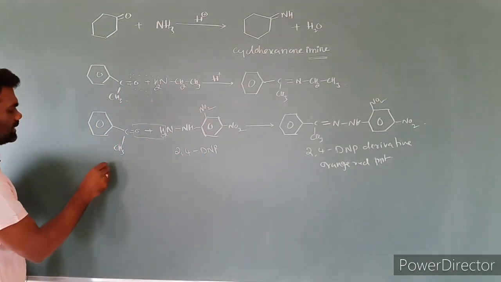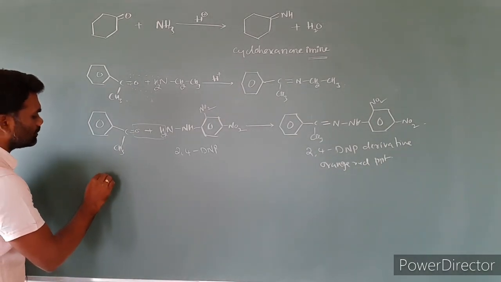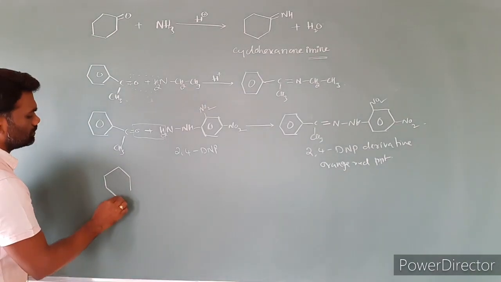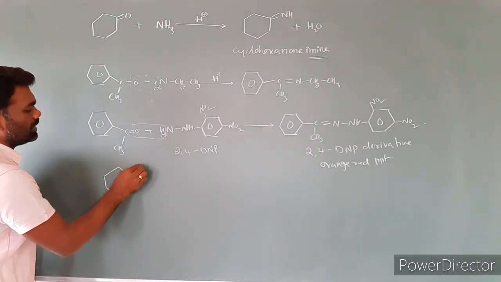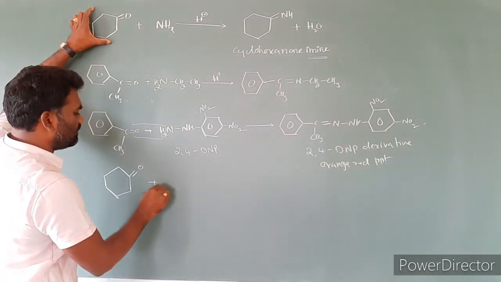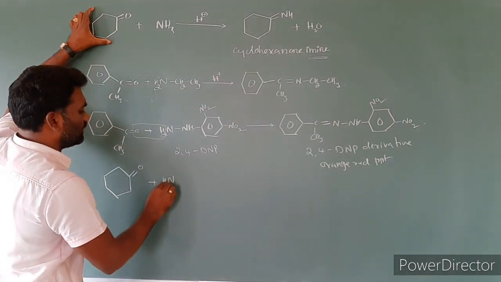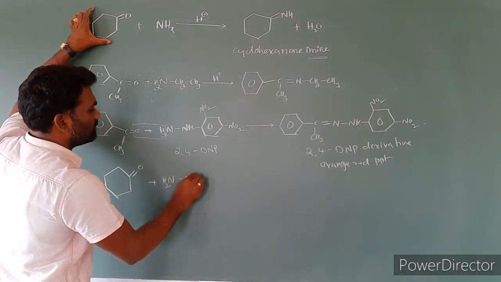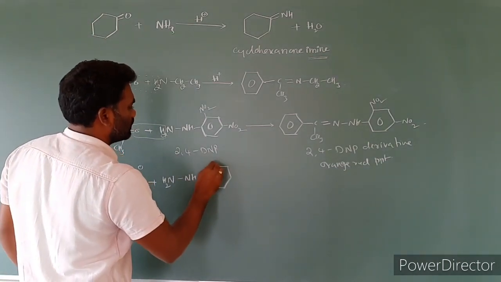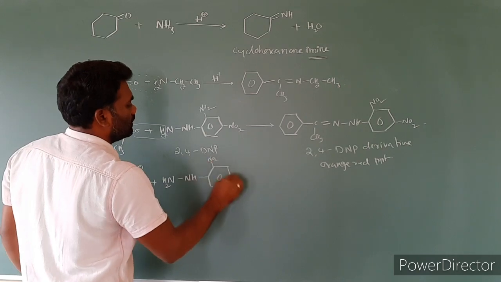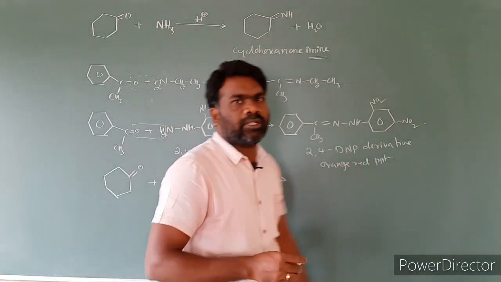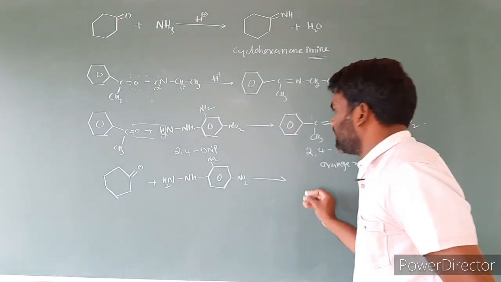Now I am taking one more example. Double bond O. So cyclohexanone I took. This one again I am treating with 2,4-DNP, NH2 NH, with NO2, NO2. Then what is the product we can expect in this reaction?